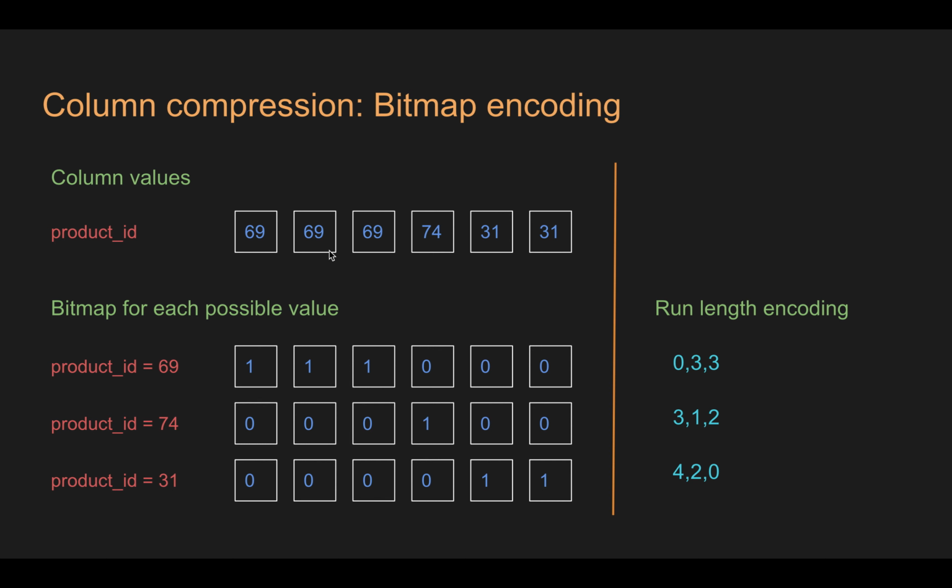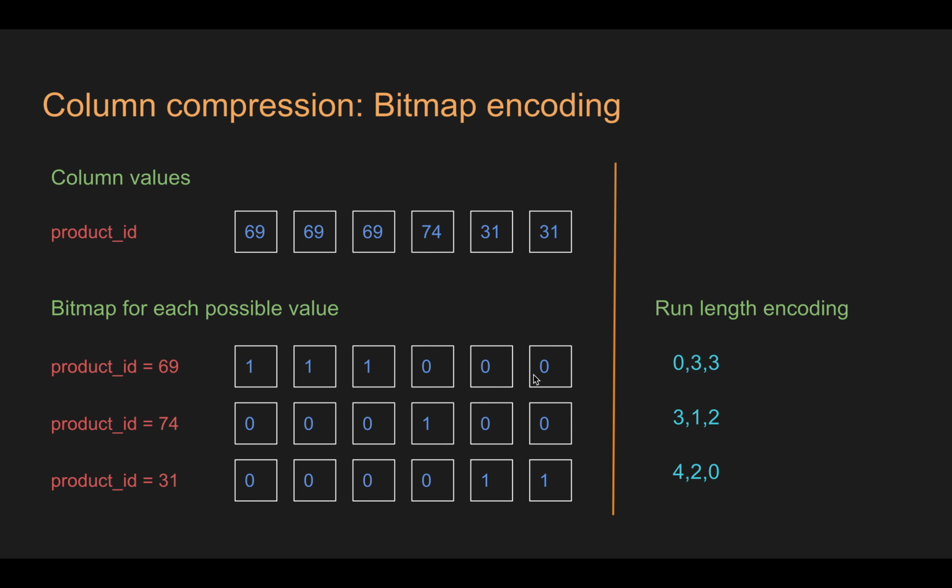We have another technique called run-length encoding, which can further compress these bitmaps. Run-length encoding is just a way to compress the binary numbers that we got here, using the number of times that we have consecutive ones and zeros. So 0, 3, 3 in this case, for product ID 69, means that we have 0 zeros, then 3 ones, and then again 3 zeros.